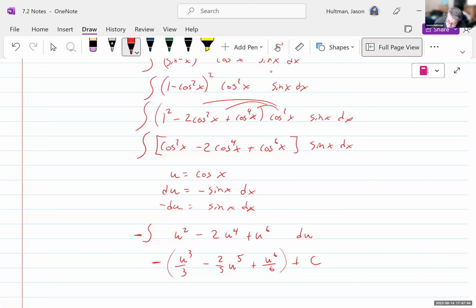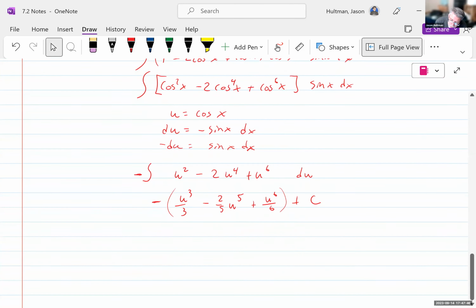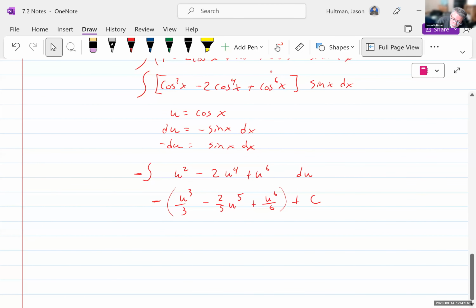Well, what was u? Yeah, u was cosine x there, right? That's what my u was. So this is going to become, I could distribute the negative, negative 1/3 cosine cubed x.